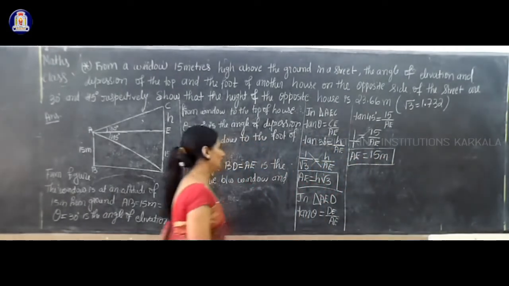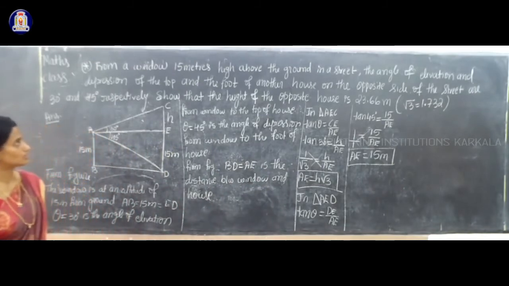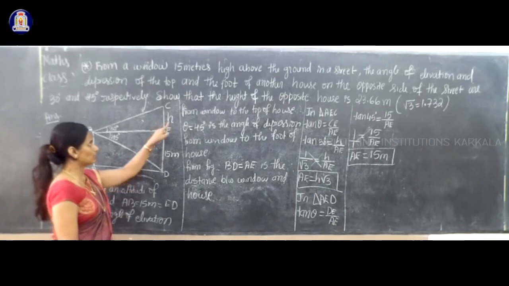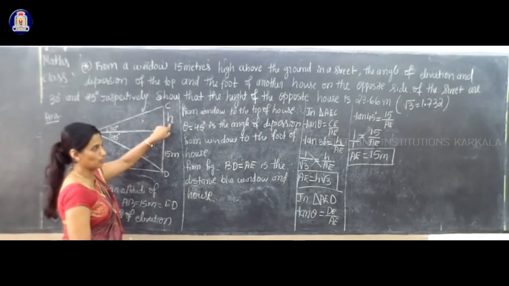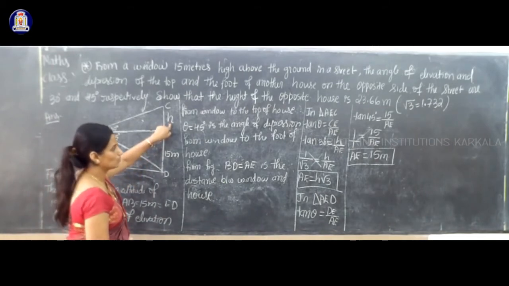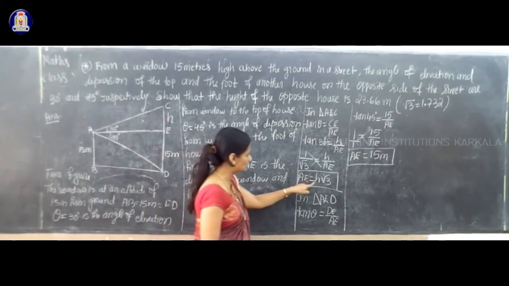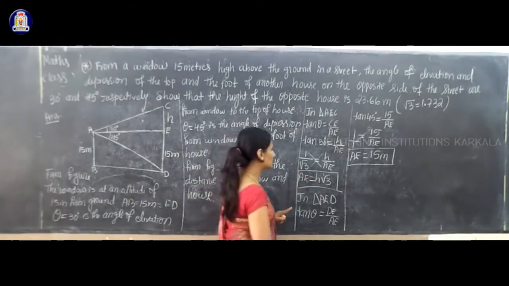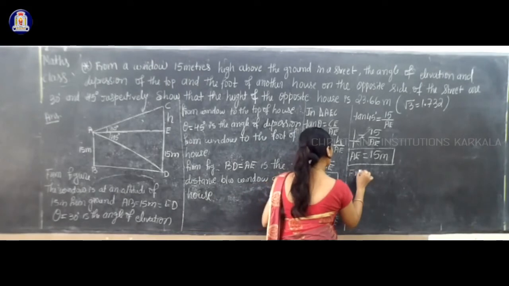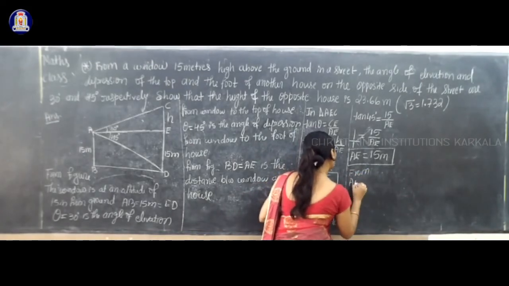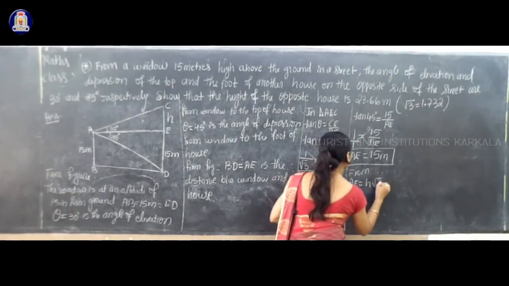Now, the question is to find the height of the second house. So I need h. How to get h? Use this box: AE is equal to h root 3.